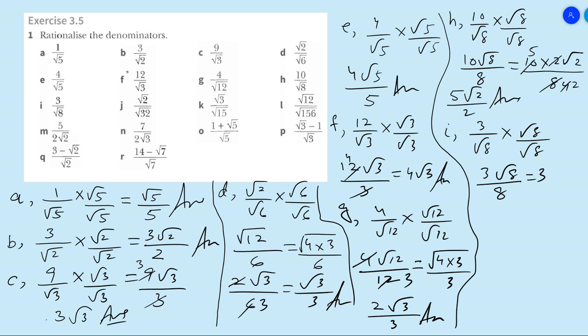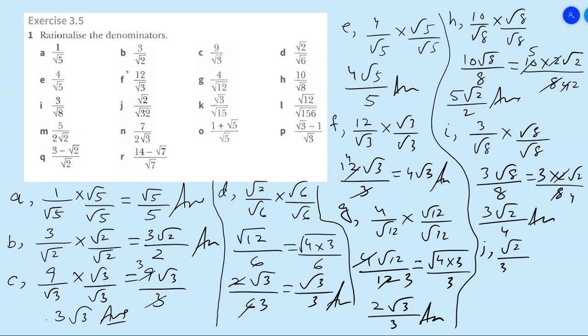As you can see in previous part H, root 8 is 2 root 2. 2 root 2 upon 8. 2 4s are 8. So the final answer is 3 root 2 upon 4. Hope you understand.